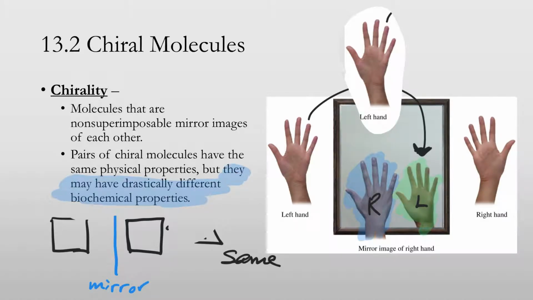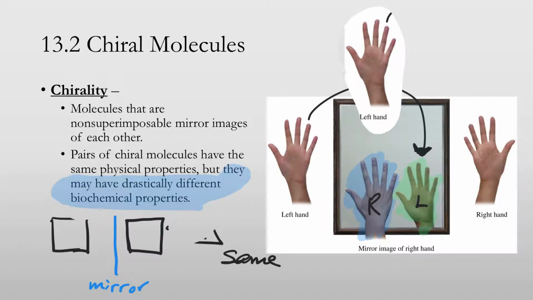So like you probably have all heard of the lock and key model with how proteins work and such. Well, these molecules, if they're something that you're going to interact with in your body, they're going to interact with enzymes ultimately. And since they are different in space, like your left hand and your right hand, one can fit into the lock as a key and the other one wouldn't be able to.